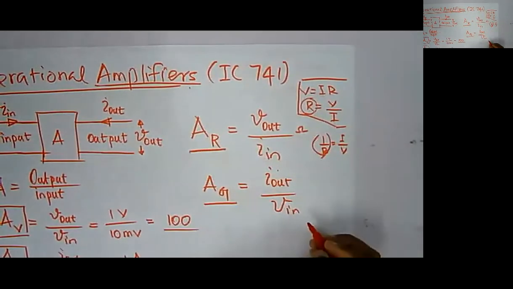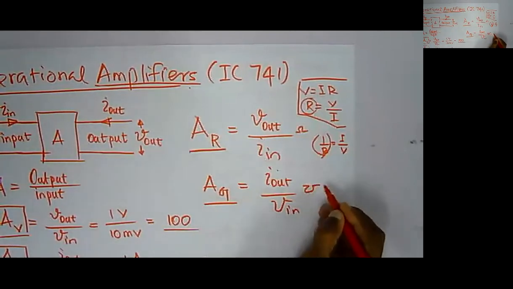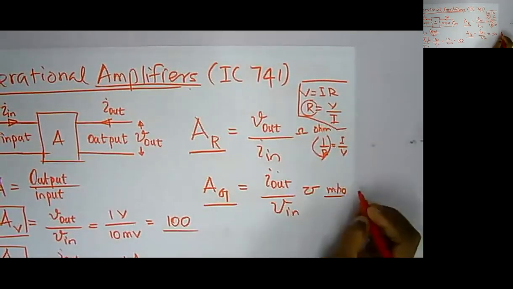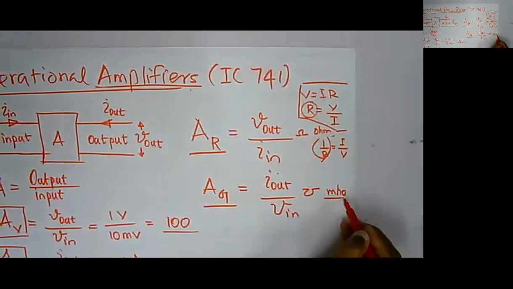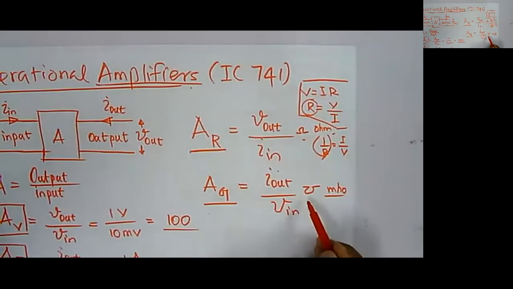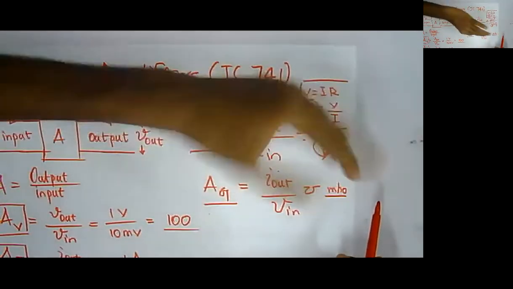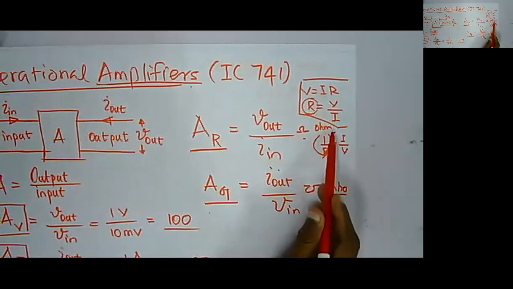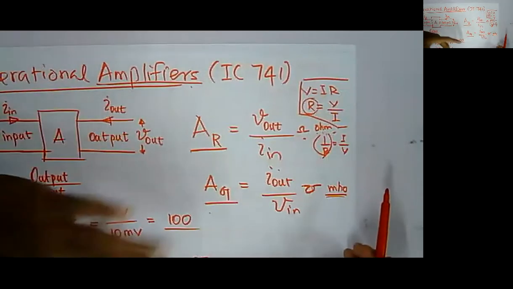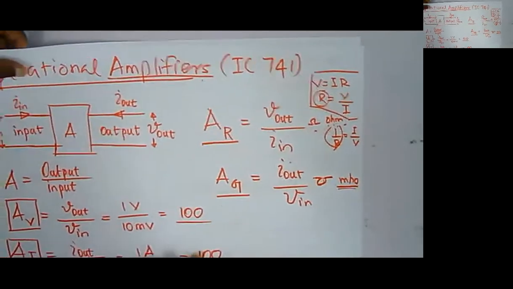The unit of transresistance will be ohm, and the unit for transconductance will be mho, M-H-O, which is simply ohm written the other way around, in reverse order. The symbol will be the upside down ohm sign. So this is transconductance.